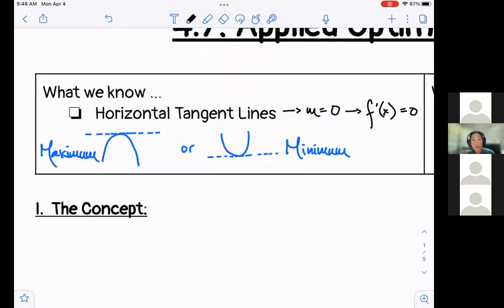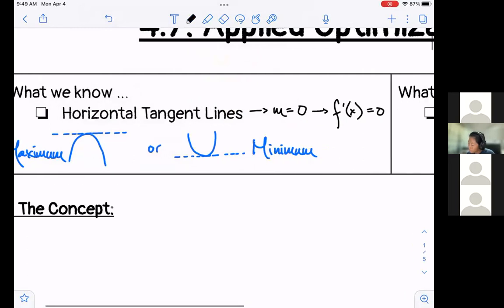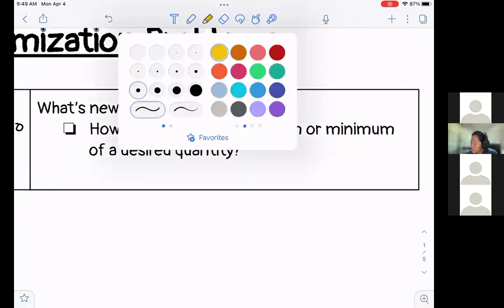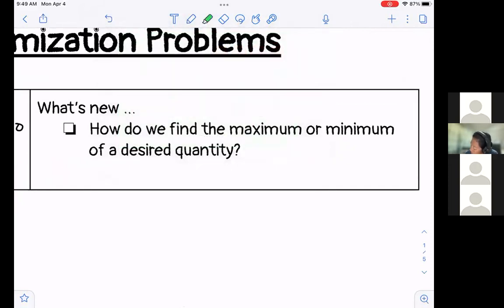And now let's think about what's going to be new, okay? So what's new? How do we find the maximum or minimum of a desired quantity? In other words, someone walks up to you on the street and says, I have this problem and I'd like to find out where it has a maximum.